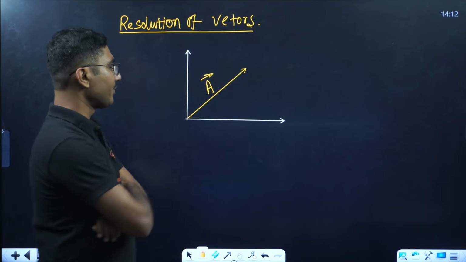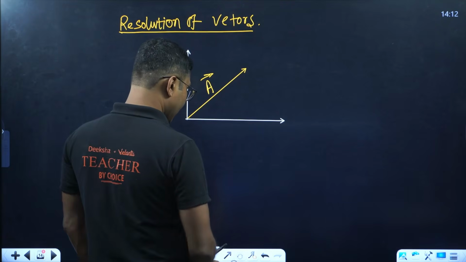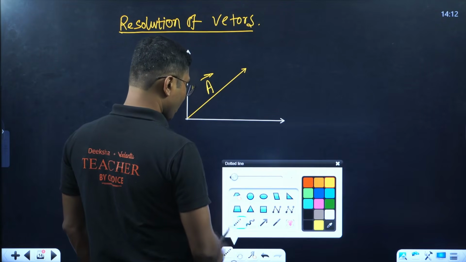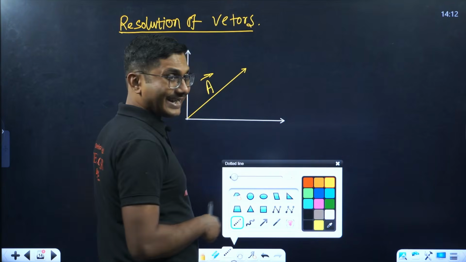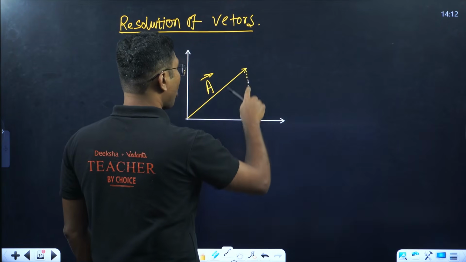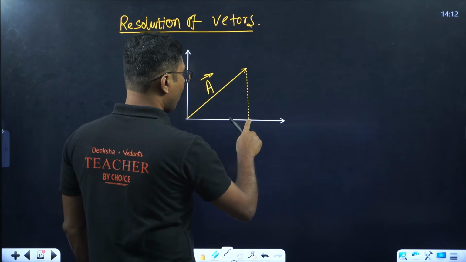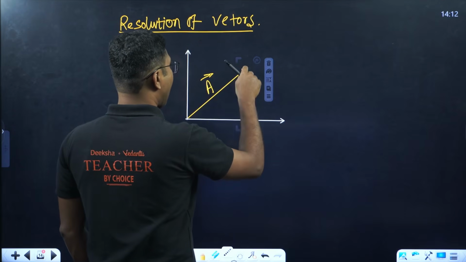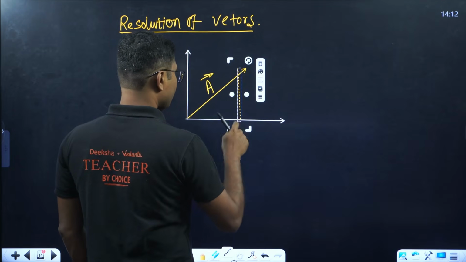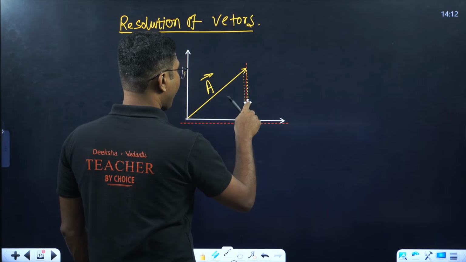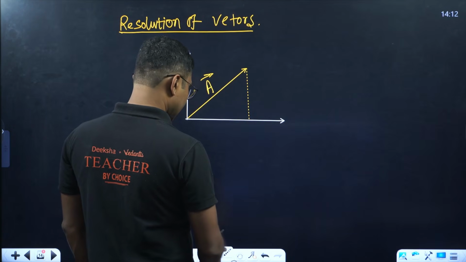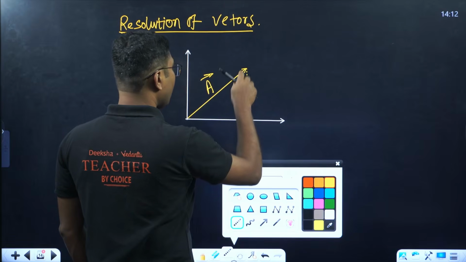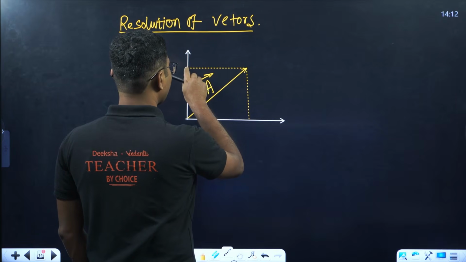What is the meaning of resolution? Resolution means when a vector is given to you, we go to its end position and draw projections from the vector to the x-axis and from the vector to the y-axis.